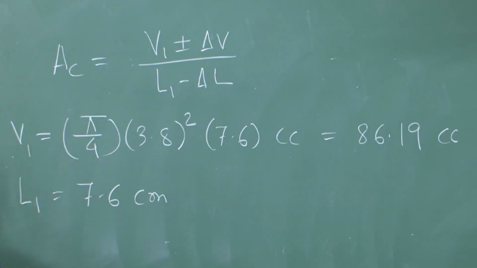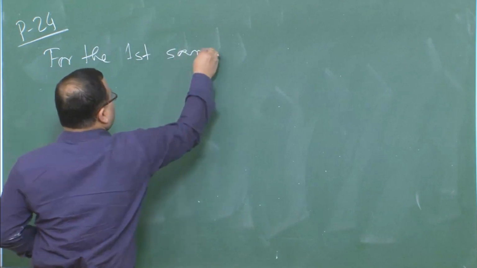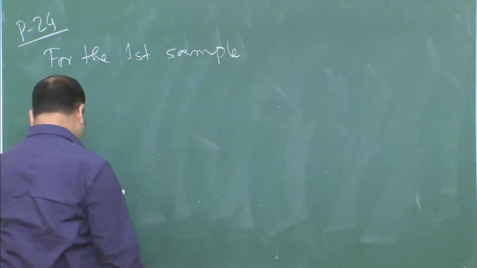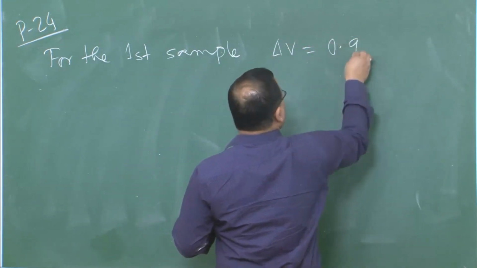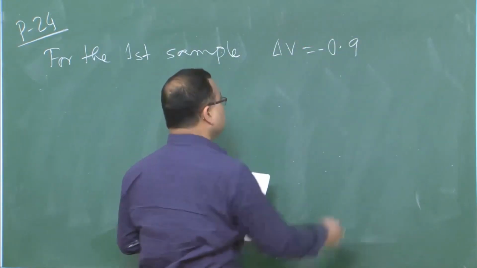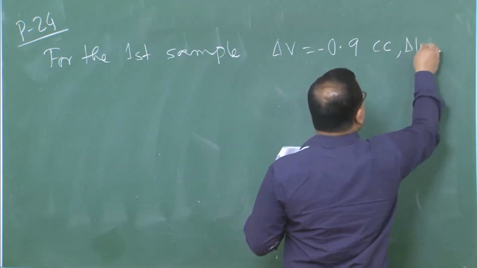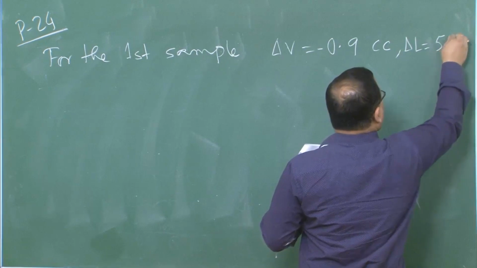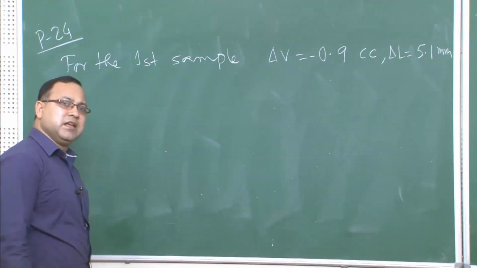So, for the first sample, your delta V is given as minus 0.9 cc, and your delta L is given as 5.1 millimeter. That is given in the problem. You see the table, you will see that.